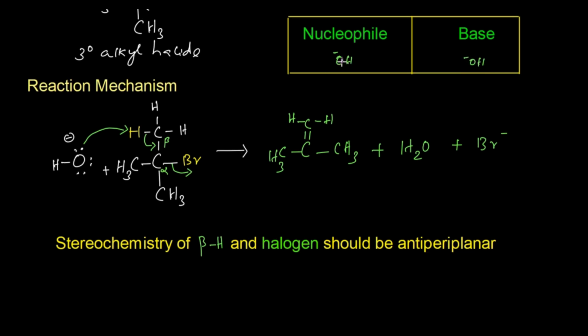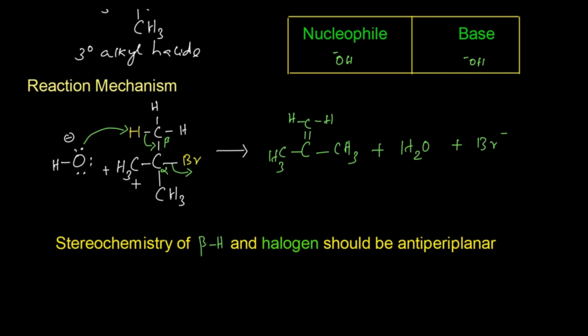OH minus can be called a nucleophile, and at the same time it can also be called a base. Chemically both are the same, but according to the action, if it is attacking the proton, then it is called the base. If it attacks the carbon, then it behaves as a nucleophile. Here OH minus is behaving as a base, abstracting the beta hydrogen, forming a double bond, and the bromine also gets cleaved.